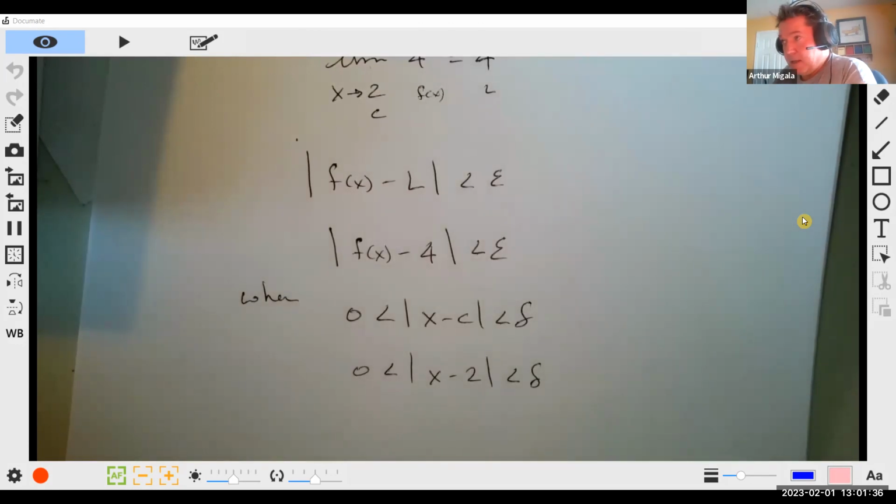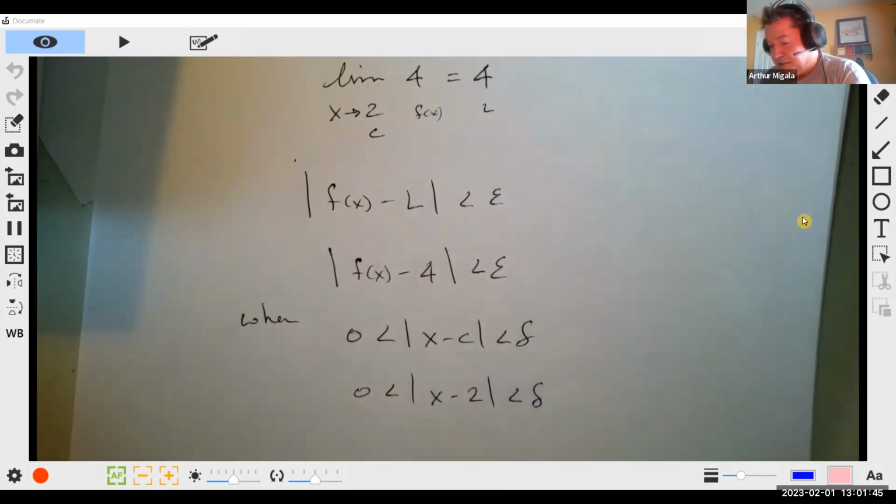So what can we do from here? We don't have anything, because it's a constant term: our f of x value is 4, 4 minus 4 is epsilon, that equals 0.